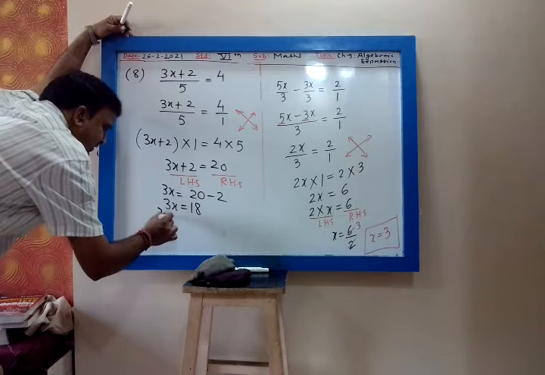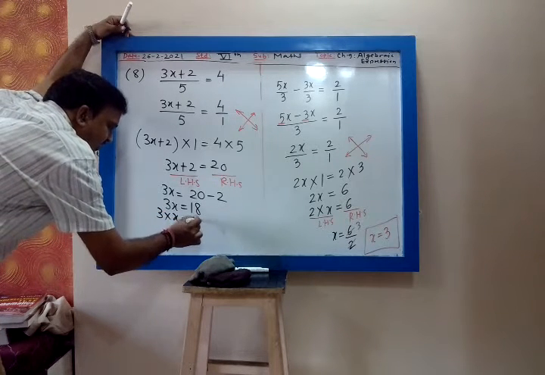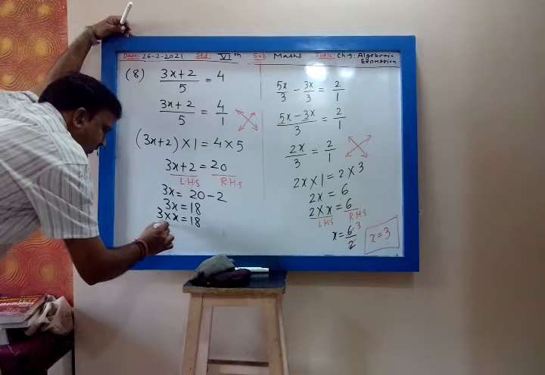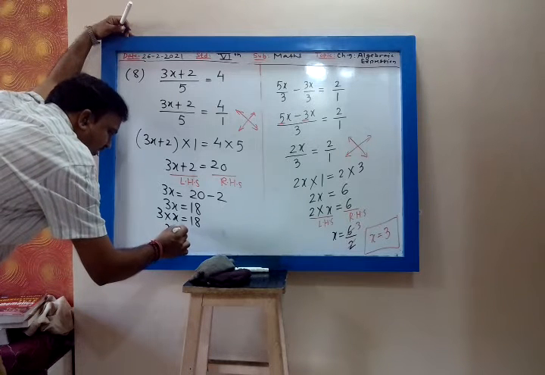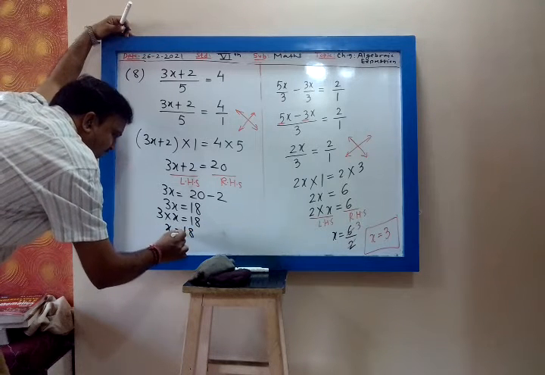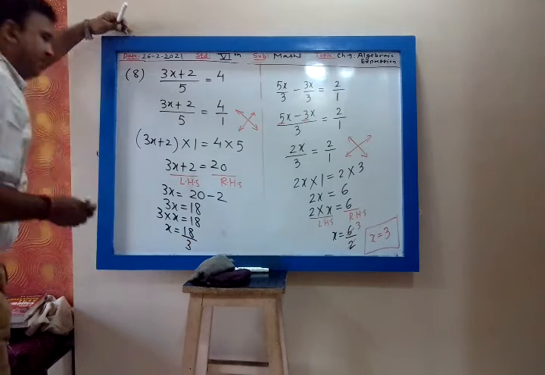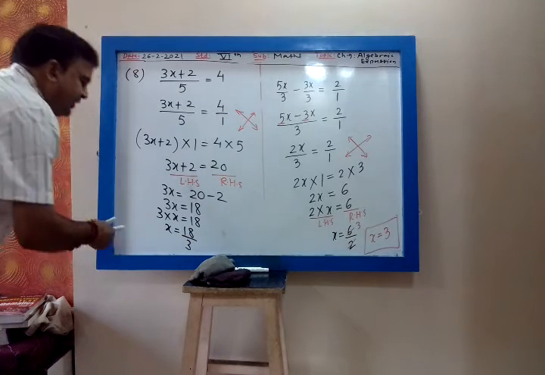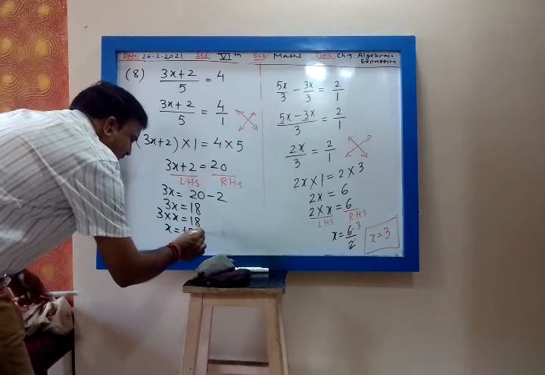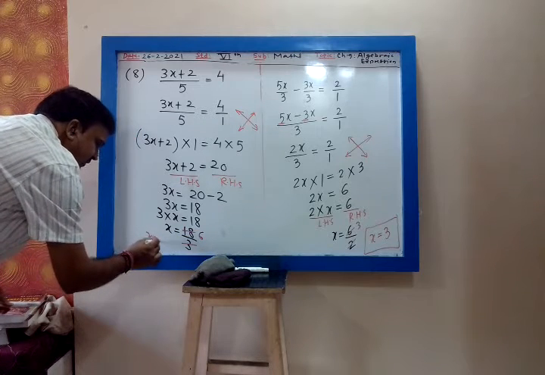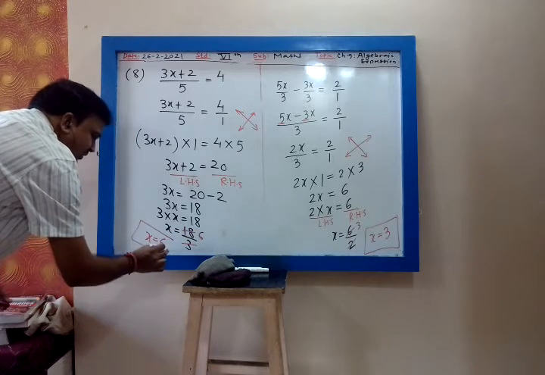So 3 into x is equal to 18. 18 divided by 3. 3 ones are 3, 3 sixes are 18. So the answer is x is equal to 6.